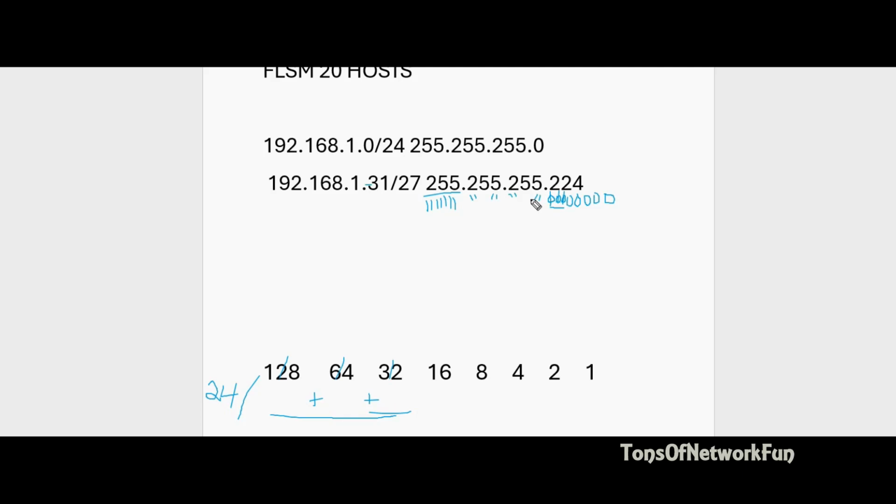So this much is 24: 8 plus 8 plus 8 is 24, plus the 3 is 27. This is how we get 27. In binary format the new subnet mask is written like this: 11111111.11111111.11111111.11100000.